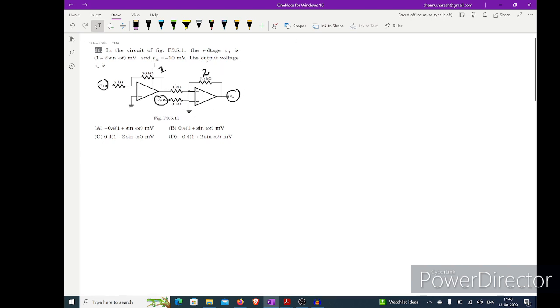So first let me draw the solution again. This is grounded. We'll take this as V01, this is Vi1, 20k, 2k.